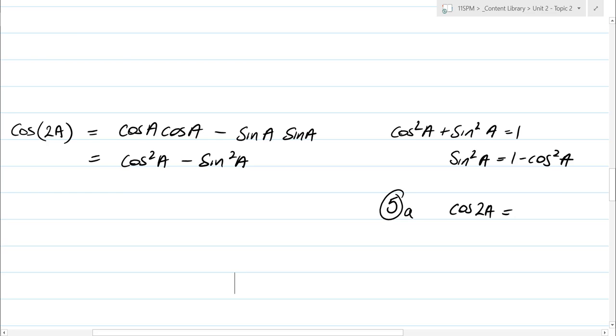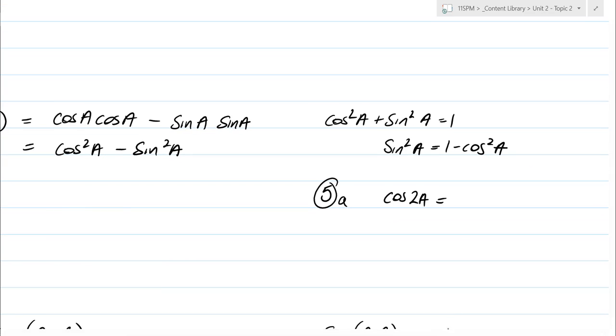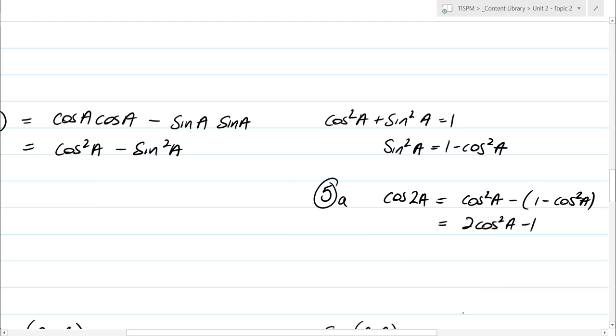Well, if I take the sine squared A out and put this in, it's equal to cos squared A minus (1 minus cos squared A), which is equal to 2 cos squared A minus 1.